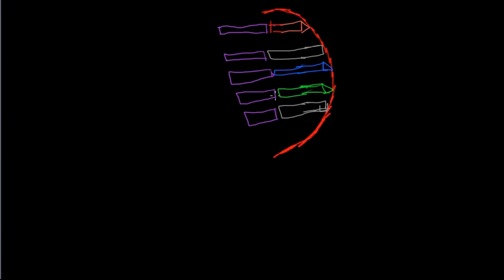And from there, the information is going to be passed on to ganglion cells. Ganglion cells. And we'll finish those off in this green color here. And these ganglion cells are all going to converge at the optic disc on your retina.